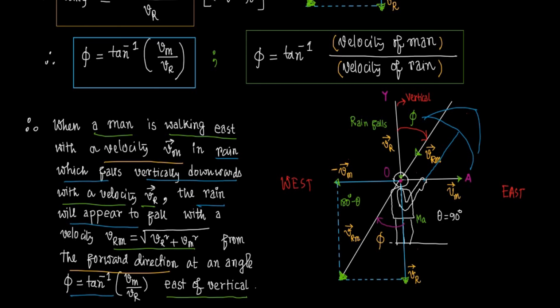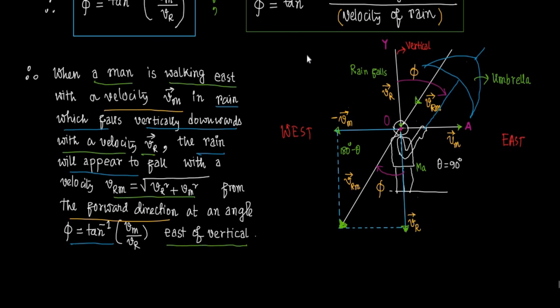So in the diagram, the man has to hold his umbrella in the forward direction at an angle phi east of vertical to protect himself from the rain. In this case, phi is the angle subtended by the umbrella with the vertical direction, and that means the man has to hold his umbrella at an angle phi east of vertical in the forward direction.